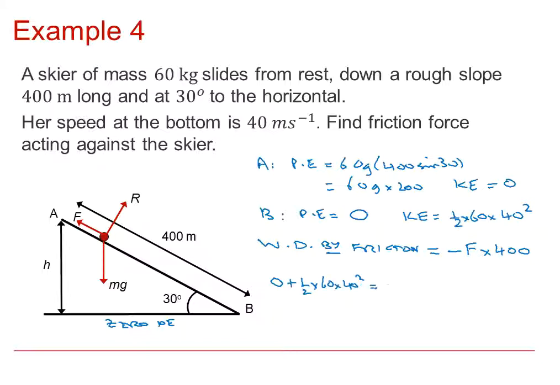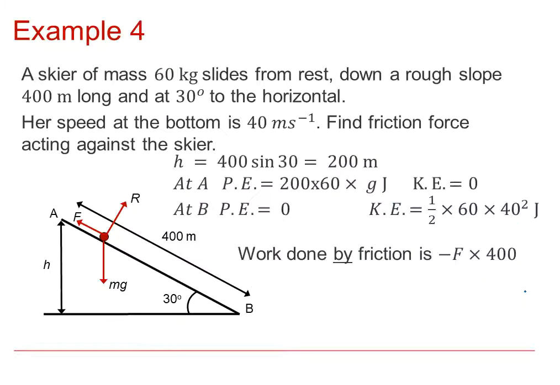This equals the initial potential, which was 200 times 60g, plus the initial kinetic, which was 0 because it wasn't moving, plus the work done. And the work done by the resistance was minus 400F. Notice that negative work.